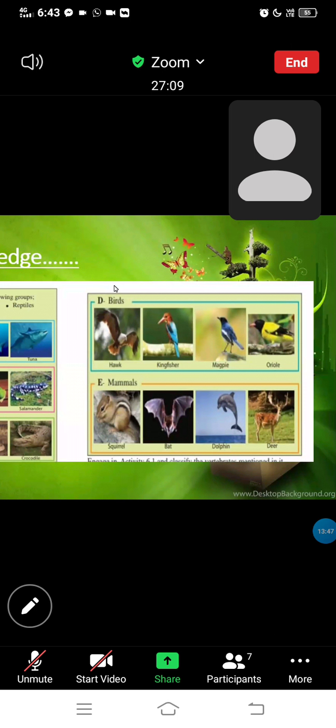Next, birds. Examples for birds: hawk, kingfisher, magpie, and oriole. Here you can see pictures of these birds. Next, mammals. Examples for that: squirrel, bat, dolphin, and deer. Here you can see some pictures of mammals.